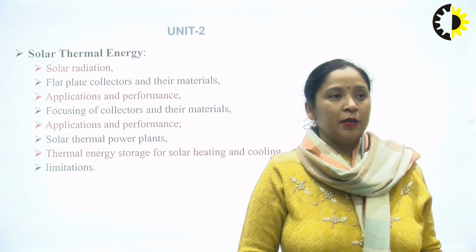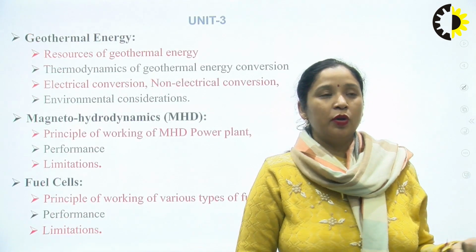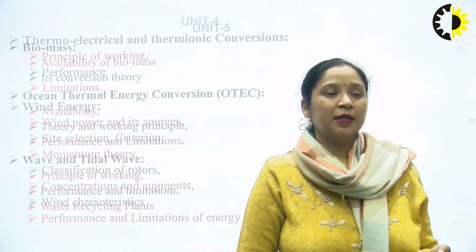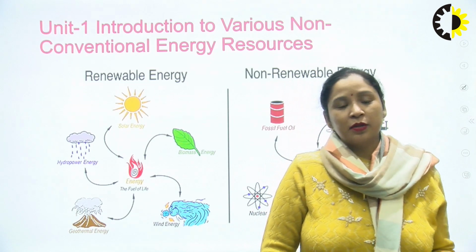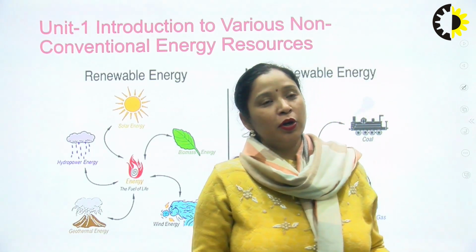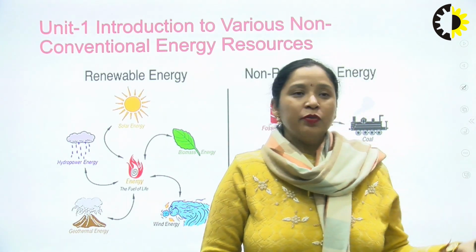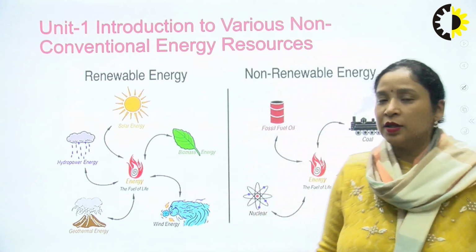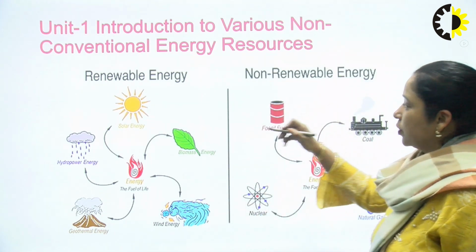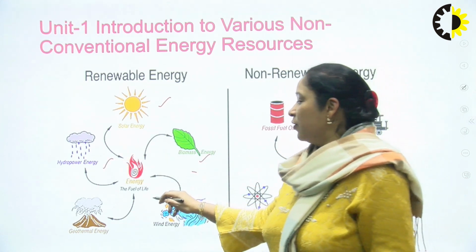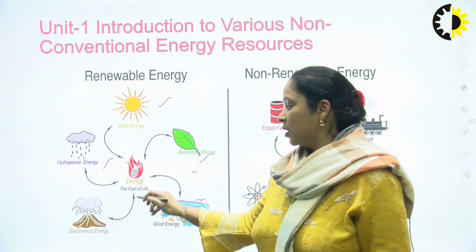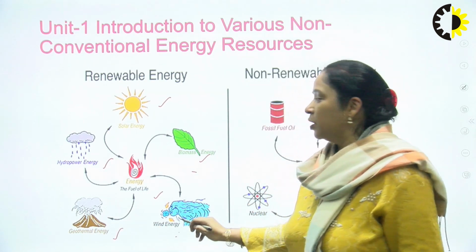Today, these are all the contents, Unit 1, 3, 4, 5th and 6th. Today I will be going to discuss the major topics from your Unit 1. As we all know, we have various renewable resources like solar energy, hydropower energy, biomass, geothermal and wind energy.